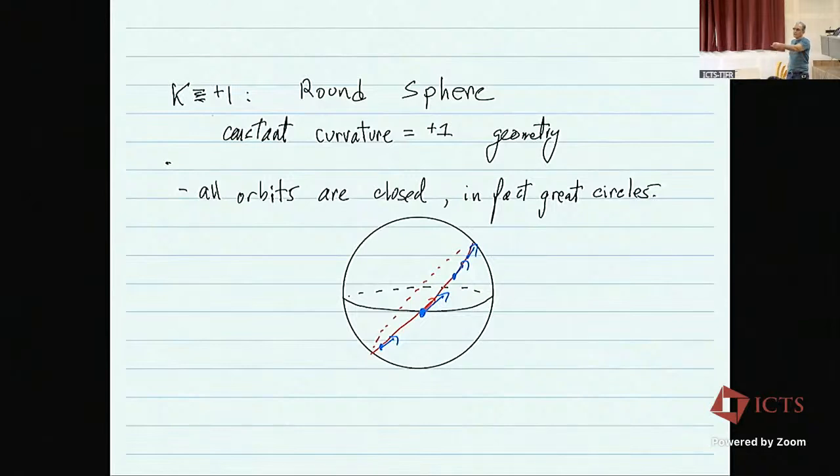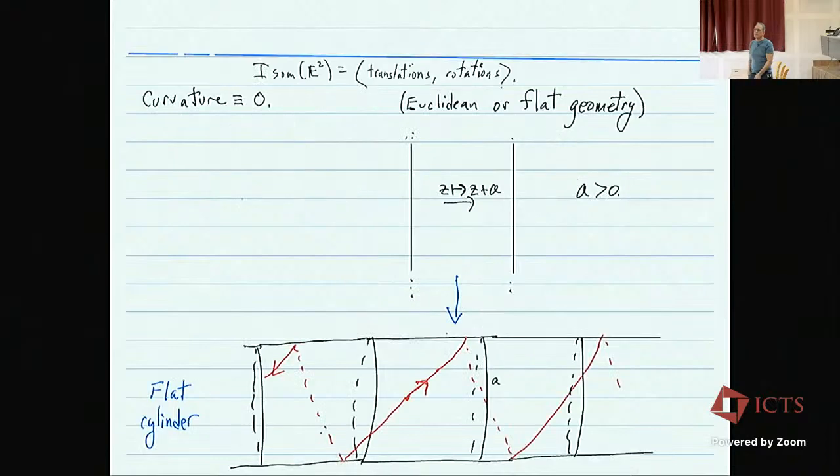In fact, all the orbits are closed, and you know exactly their length, around the sphere along a great circle. So orbits are great circles, and the orbit lengths are 2 pi r, 2 pi. In some sense there are uncountably many of them if you don't think about homotopy. So that's positive curvature.